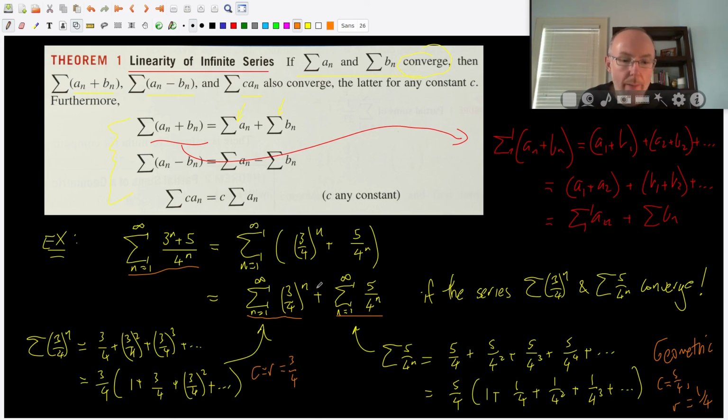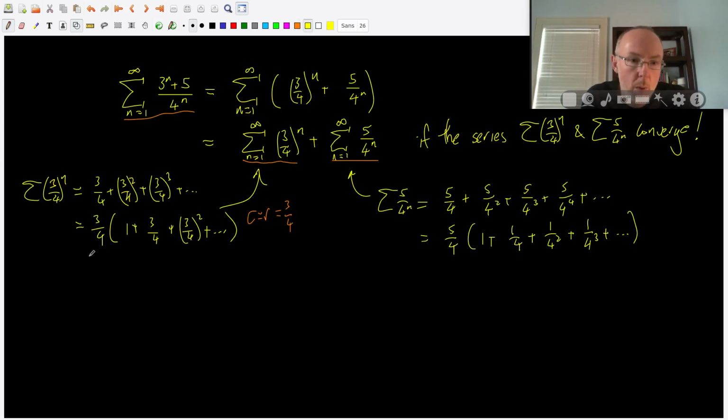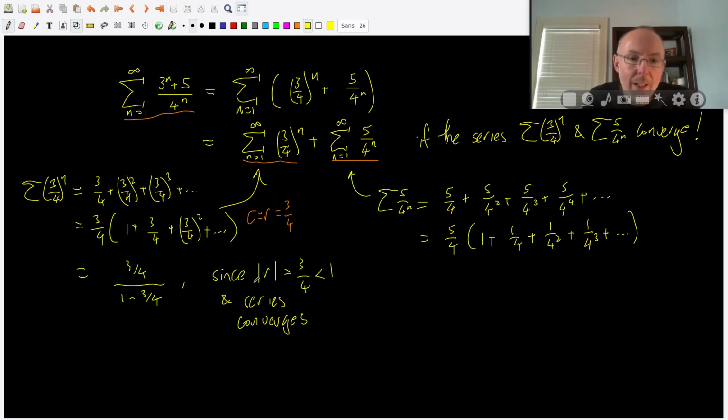So taking all of that information, let's go on to the next page just so we've got some space. We can complete both of these sums, because remember the geometric series, if it converges, converges to c over 1 minus r. So in this case, we get 3/4 over 1 minus 3/4. It converges, because the value of r in this case is 3/4.